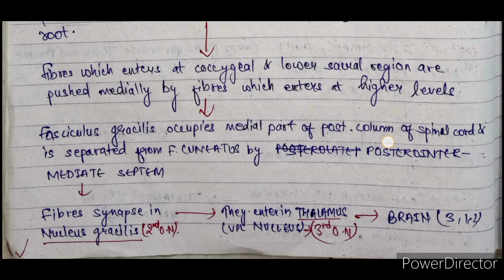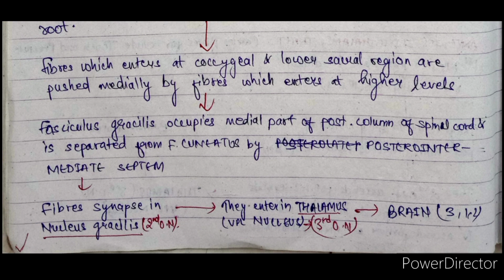Then fibers synapse in nucleus gracilis, which is the second order neuron. From there they enter the thalamus, VPL nucleus of the thalamus, which is the third order neuron, and finally it reaches the area 3, 1, 2 of the brain.